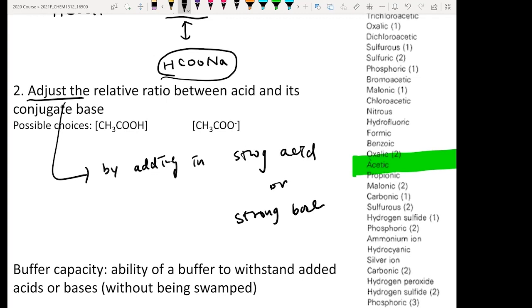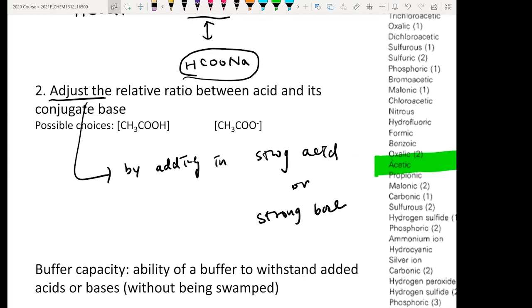One important term that you need to know from here is the so-called buffer capacity. Remember, one criterion we say the buffer must have is that your conjugate acid and base need to be in a large amount. Only when you have a large amount of this conjugate acid and base can they start to interact with your strong acid or base to minimize the change of your pH.